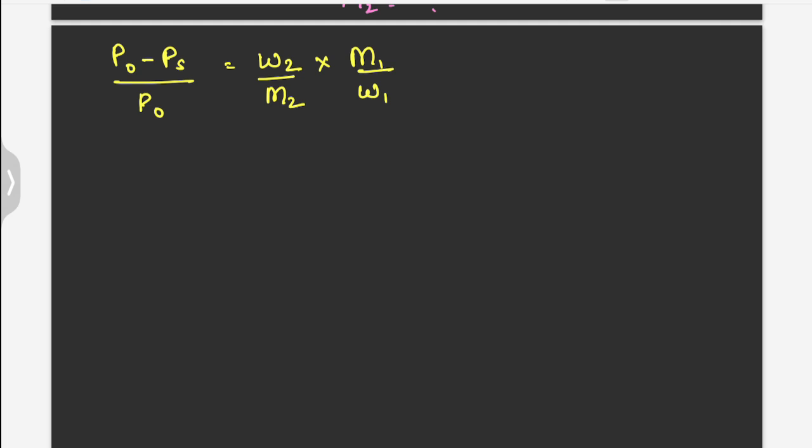So let us write the formula. P0 minus PS divided by P0 is equal to W2 by M2 into M1 by W1. So this is the formula.